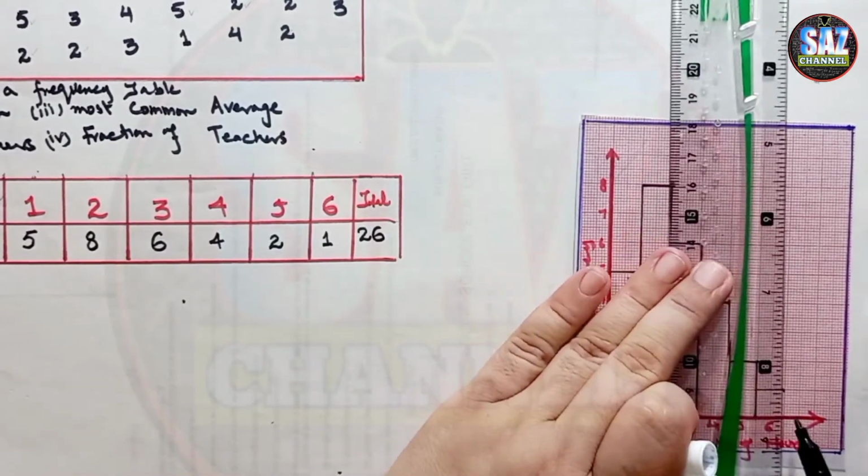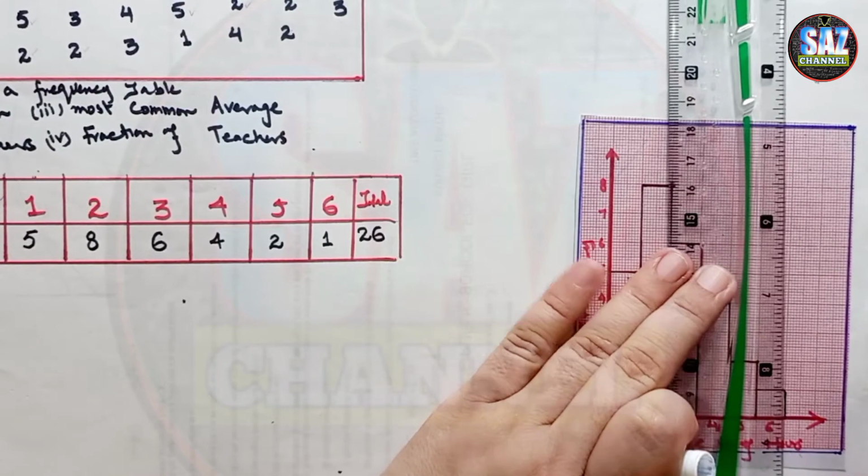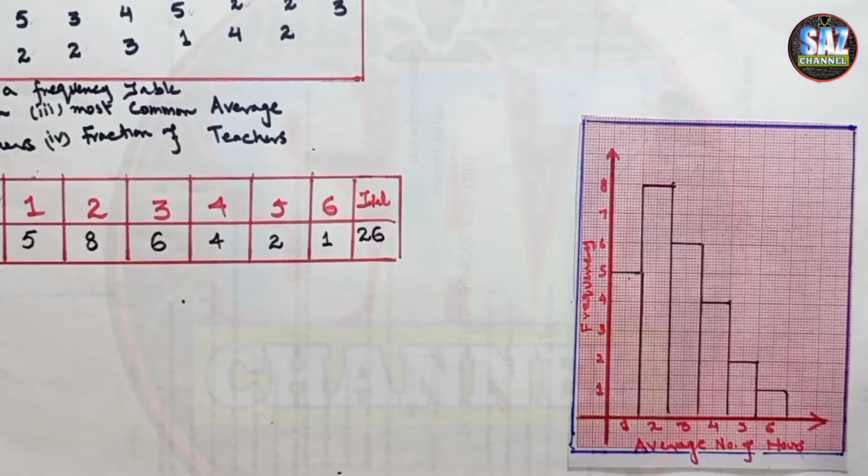My histogram is drawn, and it's really important to give some title, and you have to take the title from the question. At the start of the question: a survey is conducted to find the average number of hours the teachers in the school spend on marking their students' assignments.